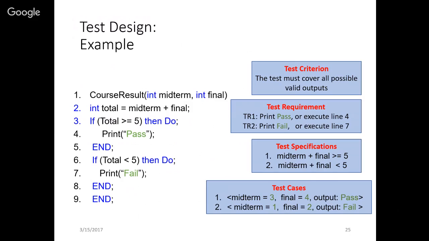This is an example of a case of pass, and midterm 1, final 2, output fail. This is another test case. So those two test cases should satisfy the requirement or not. If I execute one of these, I have 50% coverage of this requirement. If I execute both of them, I will have 100% coverage of the criteria.